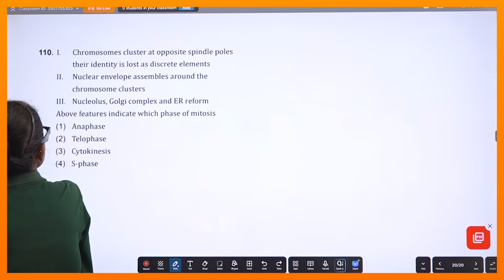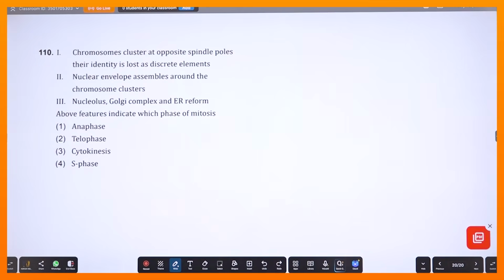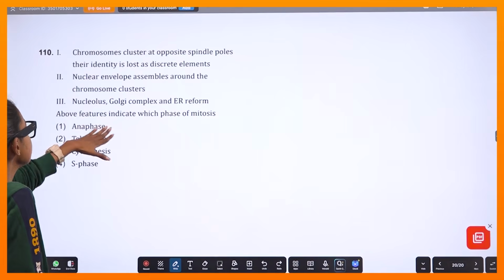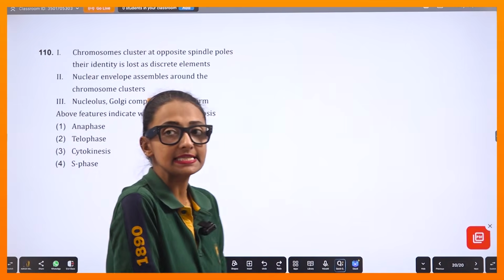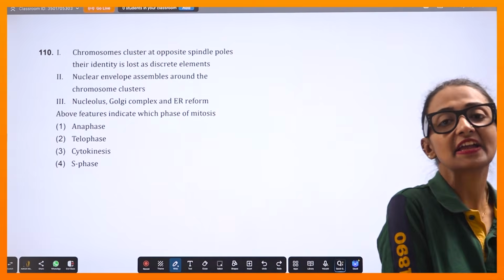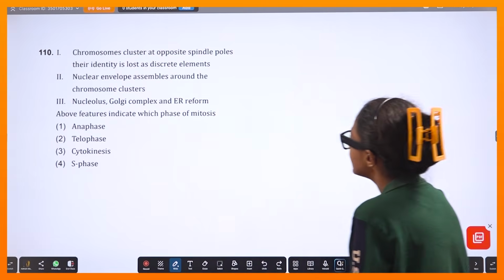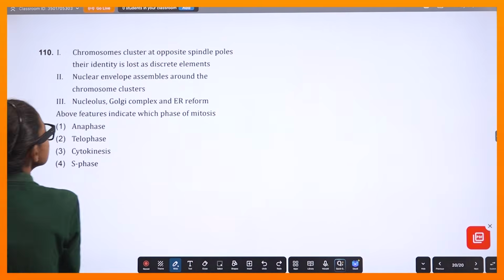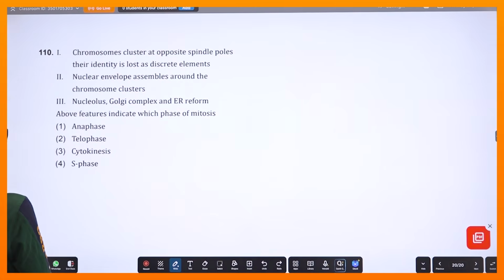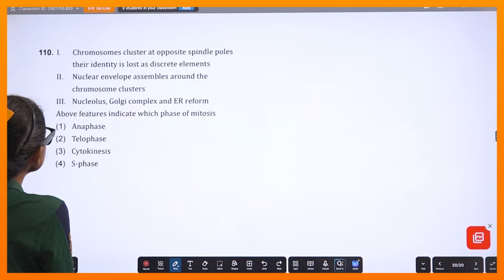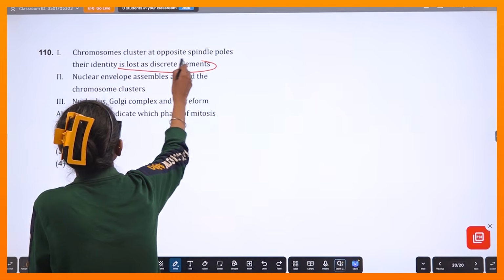Okay, so these are the three statements given to us, and they ask which of the above features indicate a proper phase of mitosis. Chromosomes cluster at opposite spindle poles, and their identity is lost as discrete elements. This is important.